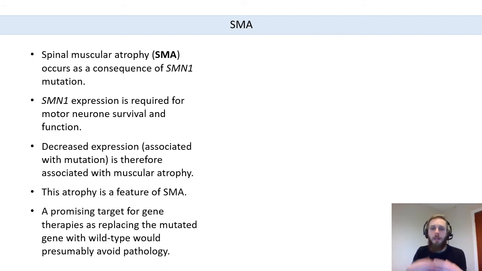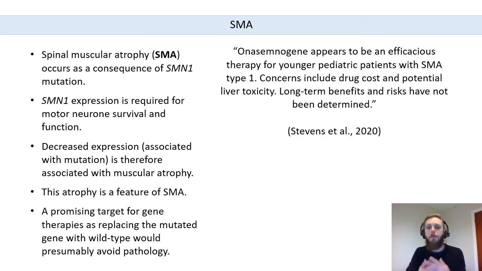And the principle is, again, if we can replace this faulty gene, if we can replace this defective gene with a healthy gene, with a wild type gene, then hopefully we can alleviate pathology. And that's fundamentally what's being done in this study here. It is interesting, it is promising, it's still fairly early days, but it is interesting.